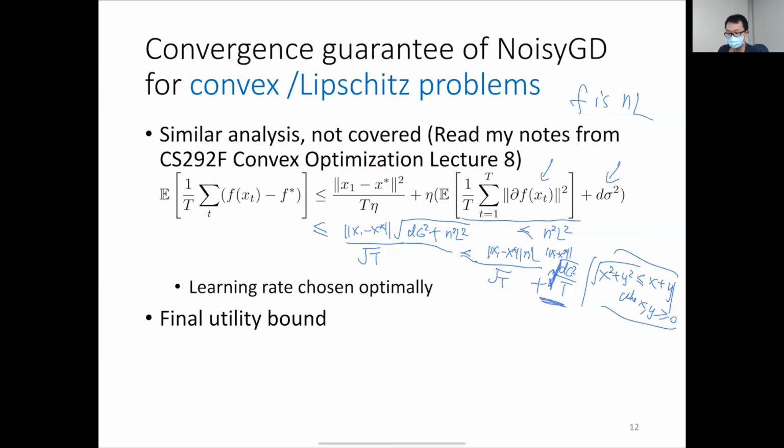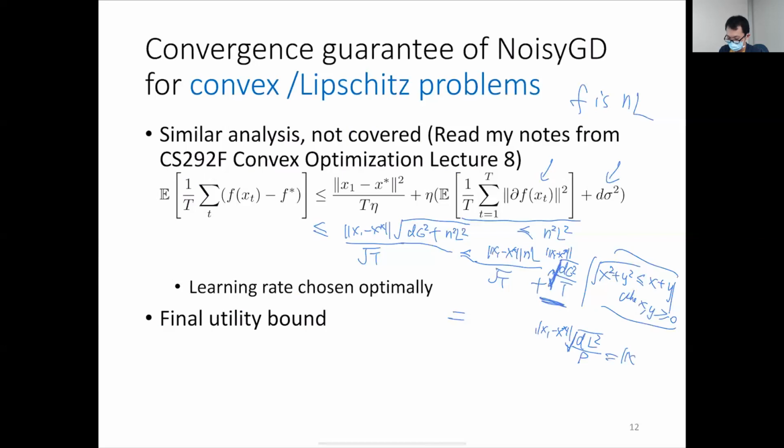it depends on sigma square over t, and by substituting our expression for rho in choosing the ratio between sigma square over t, then this is x1 minus x star and square root of d L square over rho, right?